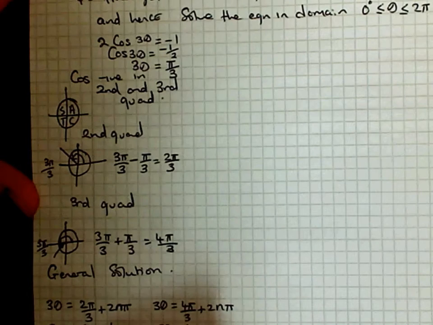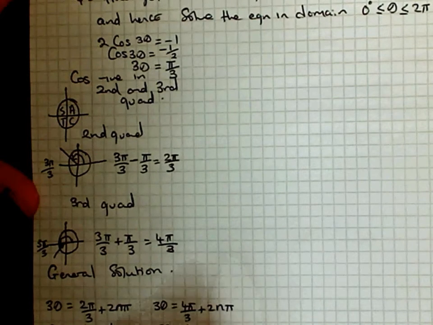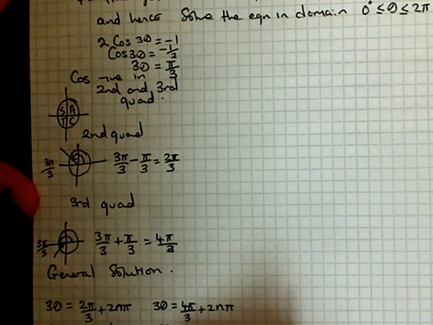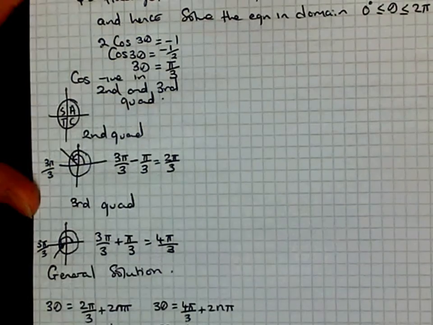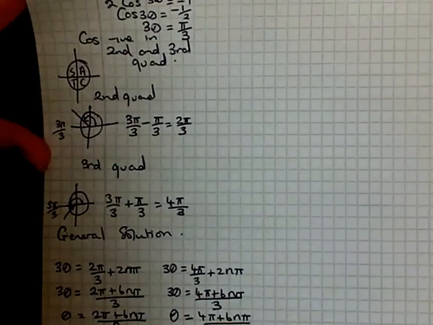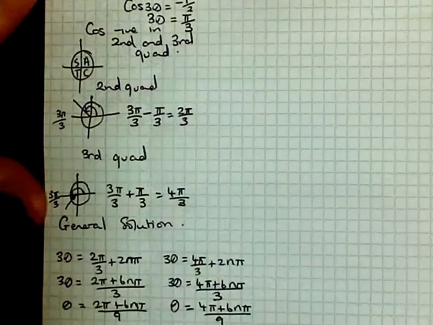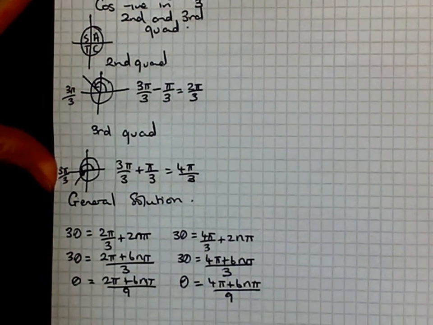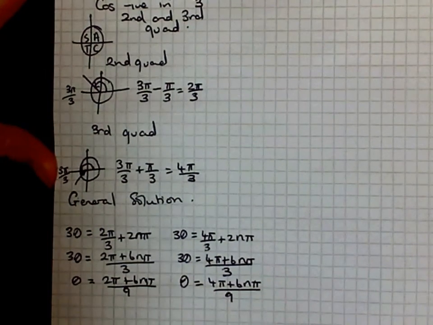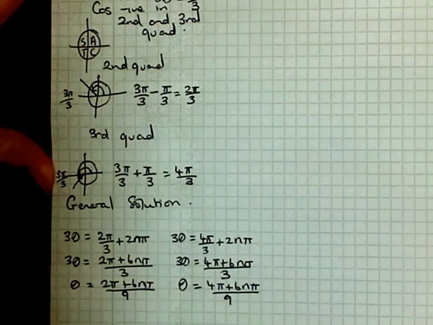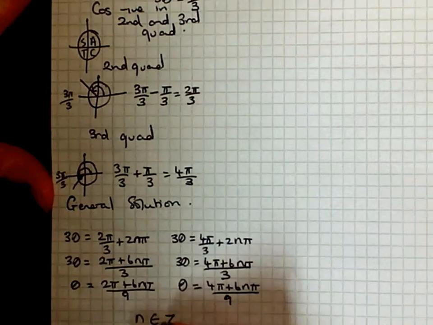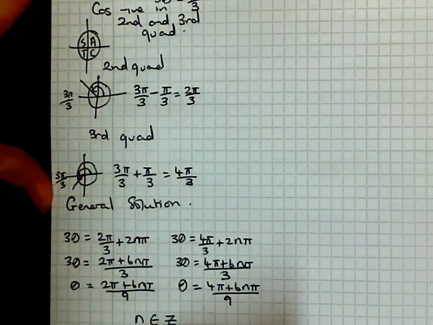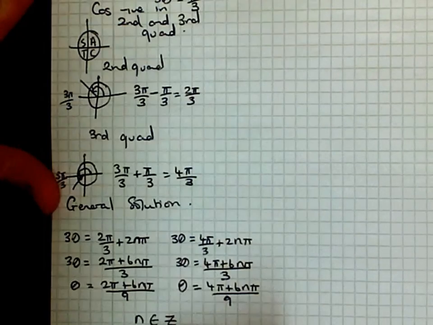So theta is 2 pi plus 6n pi divided by 9, and theta is equal to 4 pi plus 6n pi divided by 9. And it's important to put that n is an element of Z, so n is an integer, at the very end of your general solution.